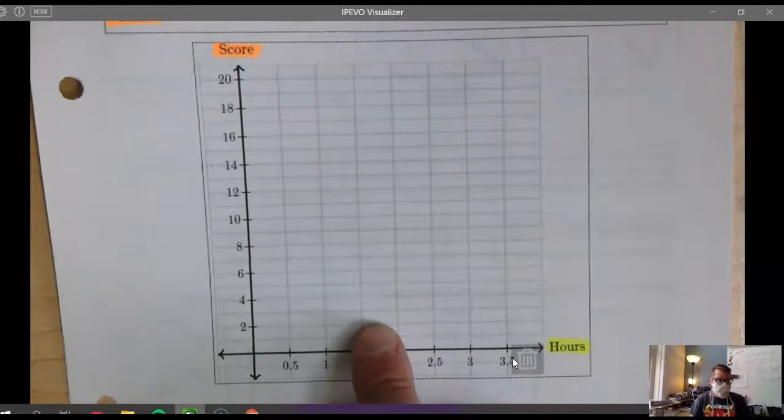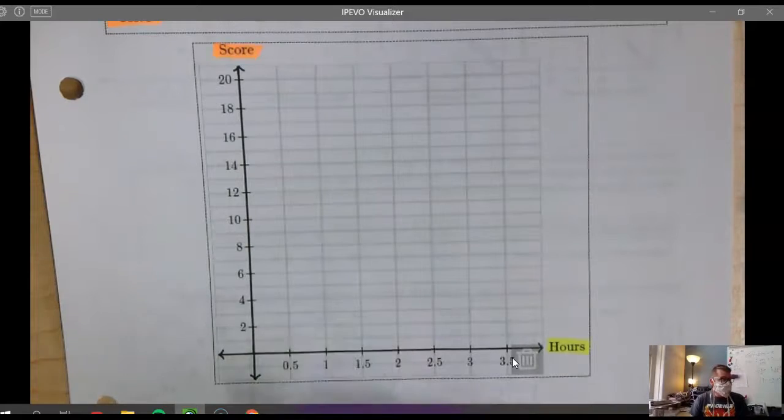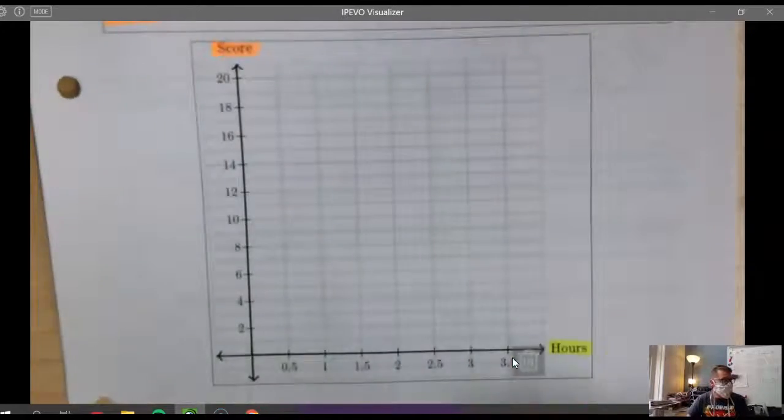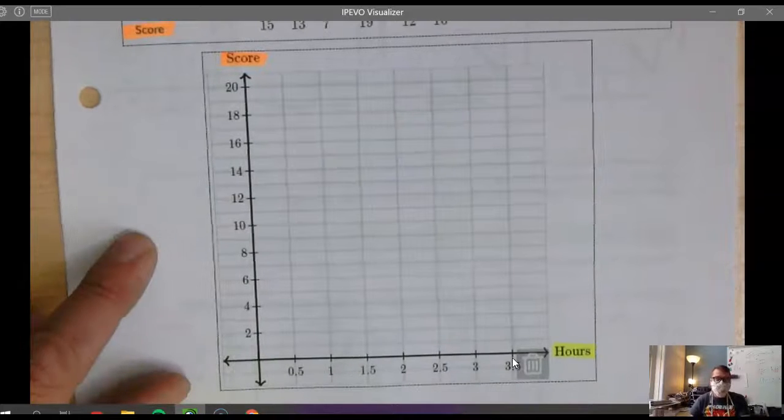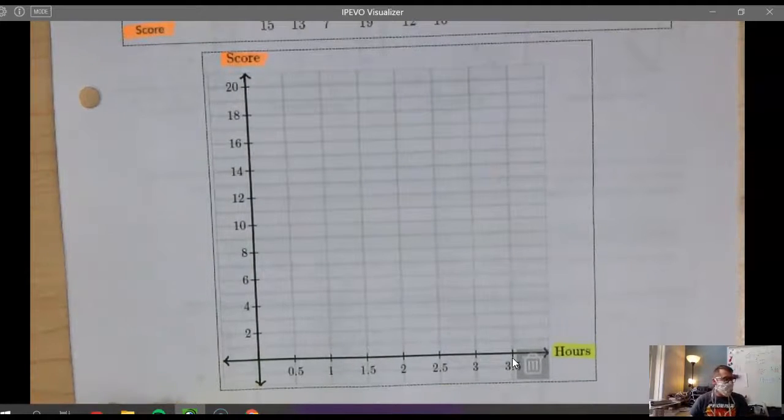Our graphs are not necessarily going to be squares, because they're talking about two different labels, two different units. When these units aren't the same, it doesn't matter if my boxes are squares or not. They need to be rectangles to be able to work a grid, right?